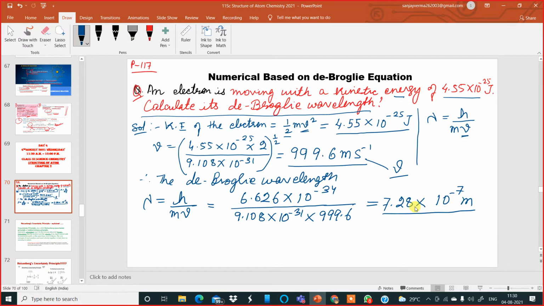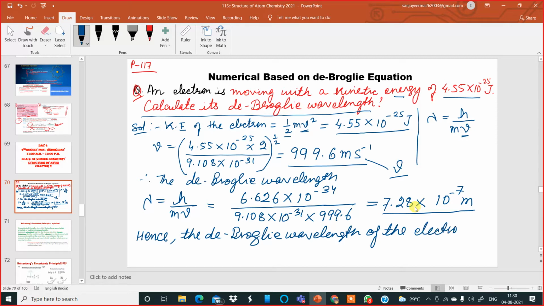So we can write a sentence here: Hence the de Broglie wavelength of the electron is 7.28 into 10 to the power of minus 7 meter. Please copy this working. I'm waiting.